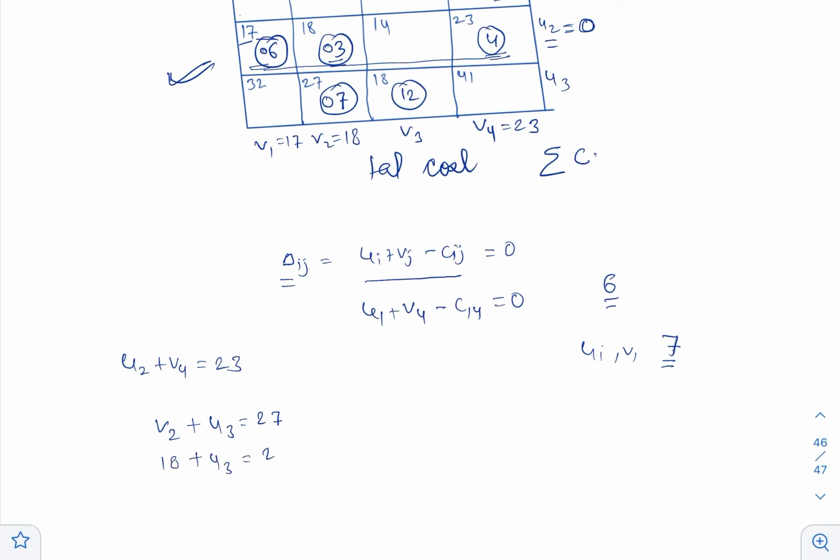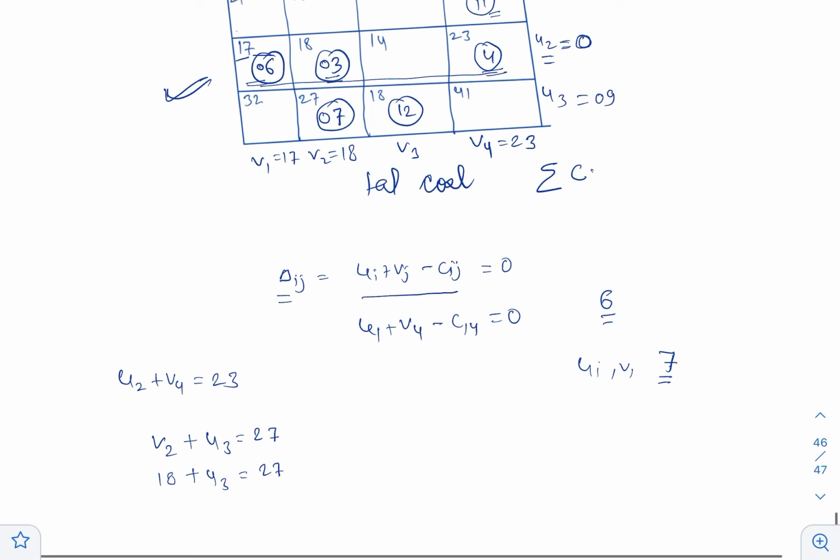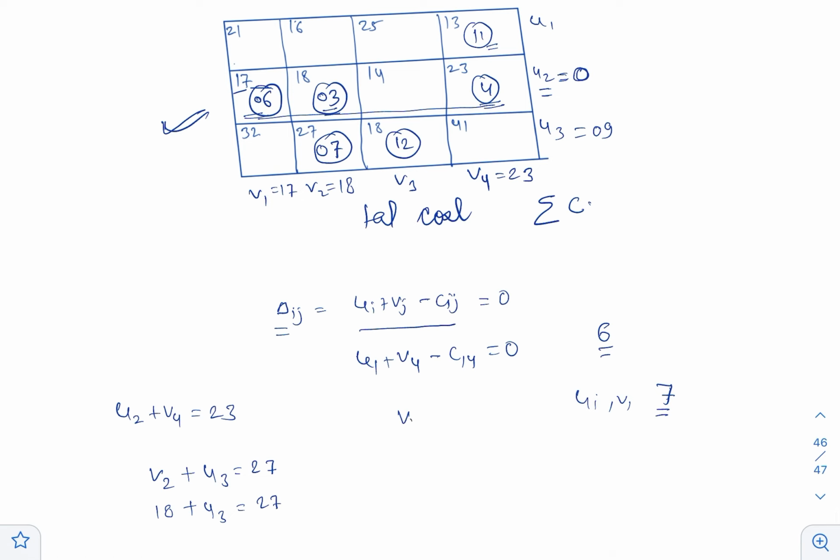We have V2 as 18, so U3 is equal to 9. Similarly, we have V4 plus U1 is equal to 13. V4 is 23, so 23 plus U1 is equal to 13. So U1 is equal to minus 10.